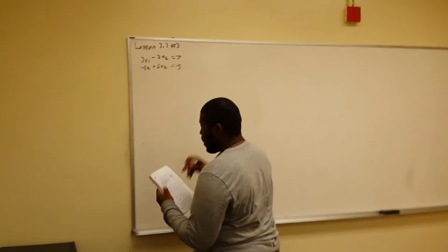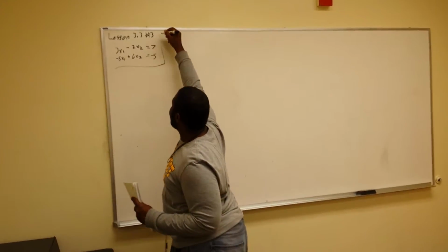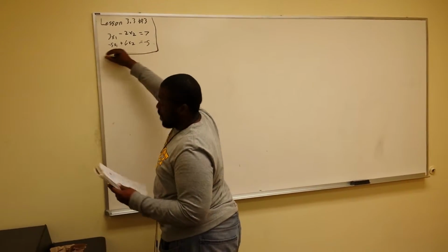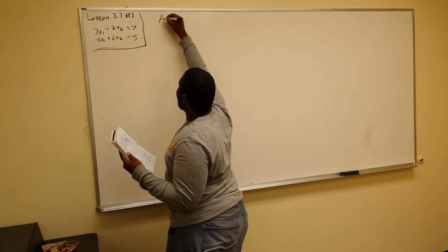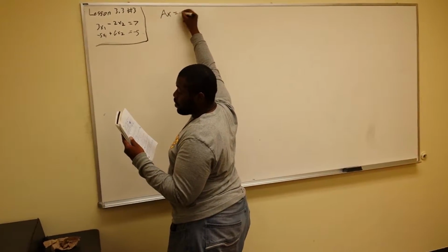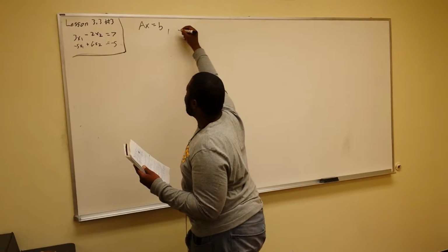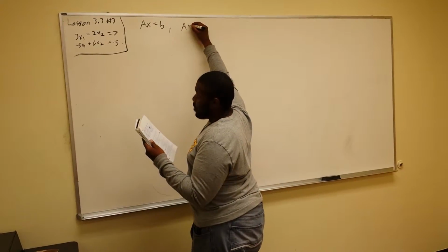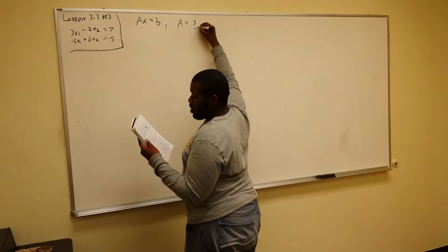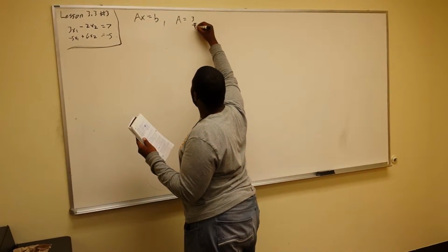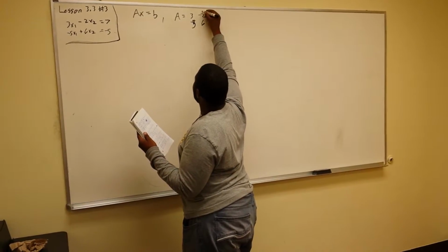So for the system, what we're going to do first is take our system and set it equal to the equation AX equals B, where A equals the matrix 3, negative 5, negative 2, and 6.